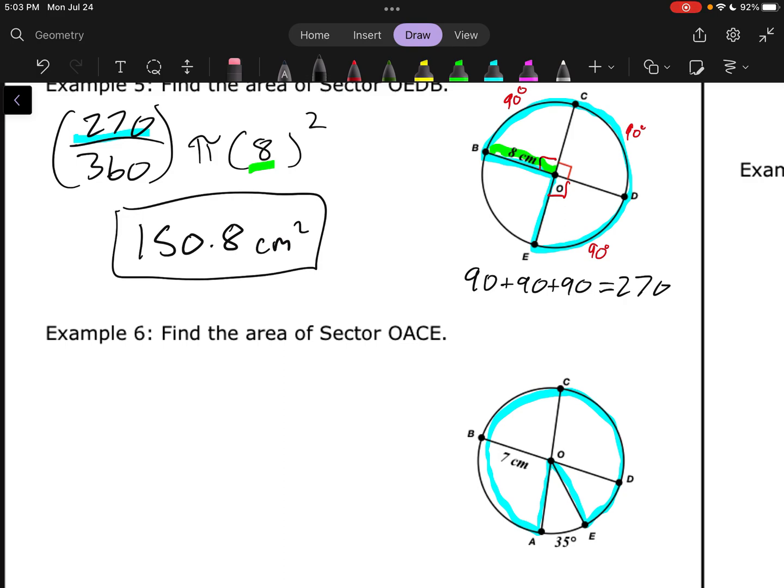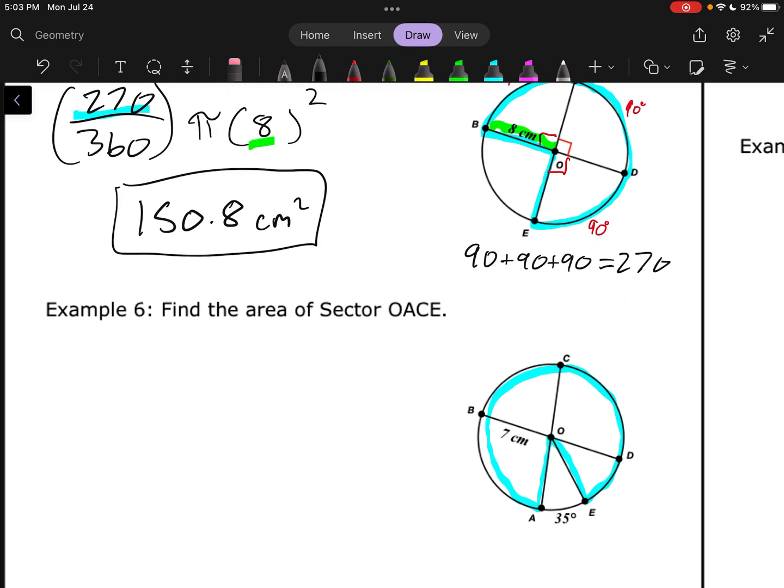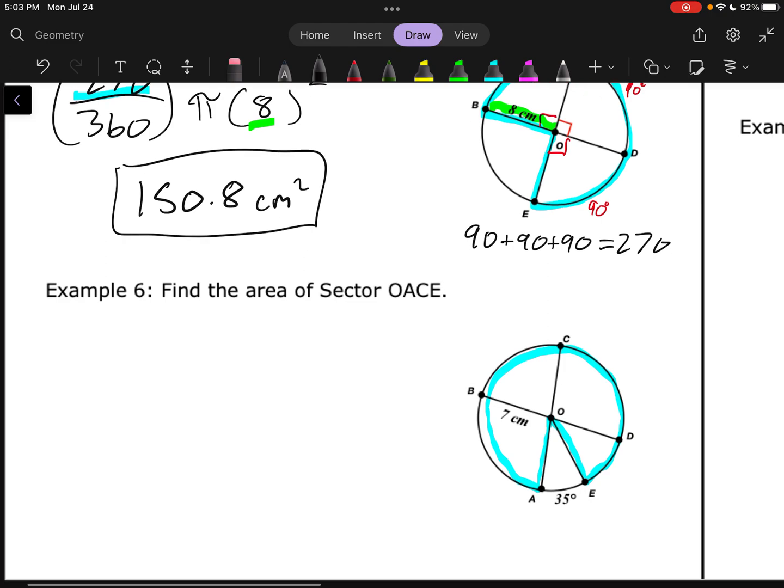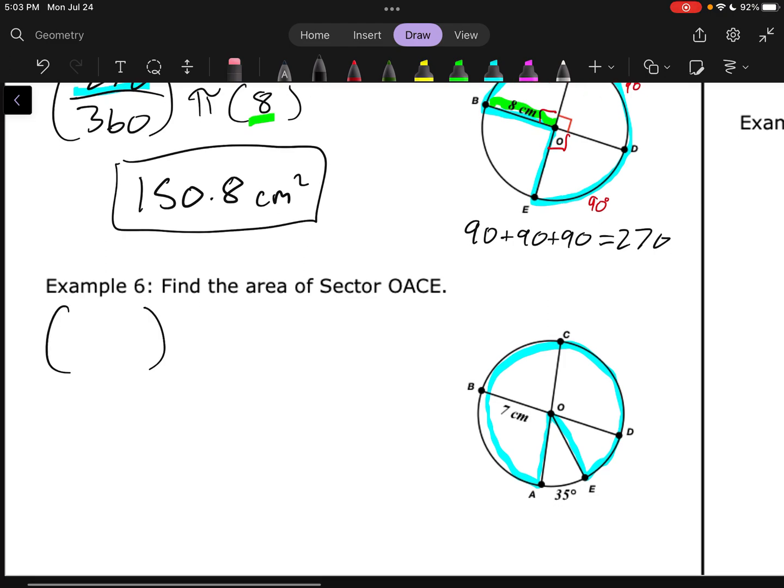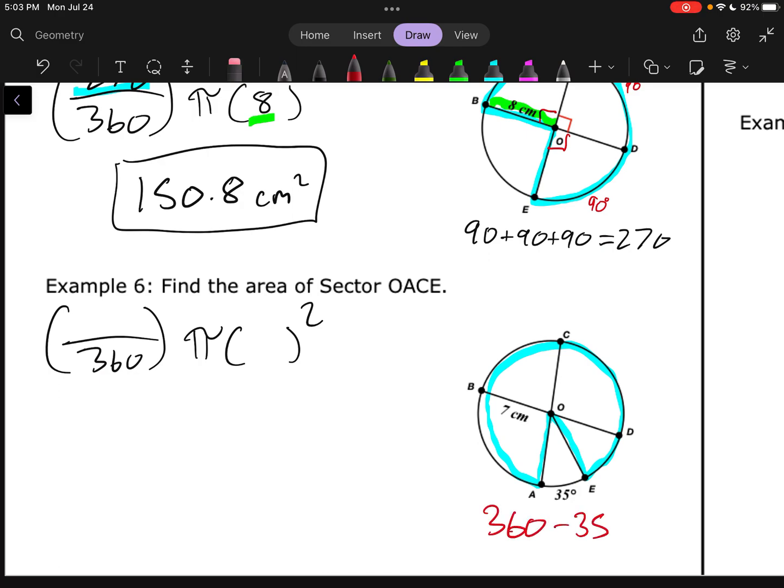Okay, so that's a very major sector there. That's over half of our circle. So I'm trying to fill out my equation here. How many degrees is that? Well, that would be the entire circle, which is 360 minus the 35 we don't want. That would give me 325. So that's how many degrees my sector takes up. My radius is 7.